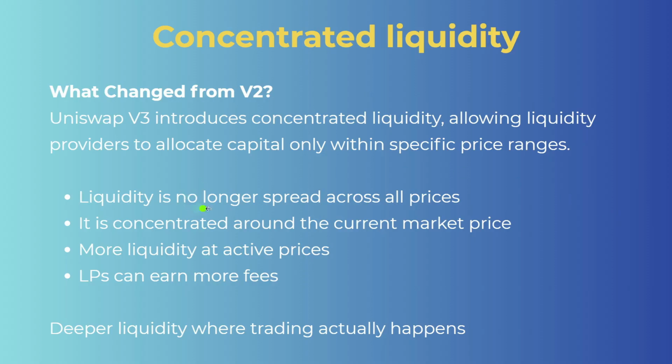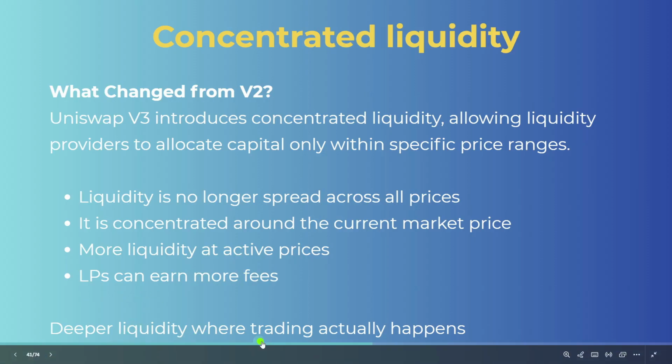So the liquidity is no longer spread across all prices. It is concentrated around the current market price. We can have more liquidity at work at active prices, and liquidity providers can earn more fees, of course. Deeper liquidity when trading actually happens.